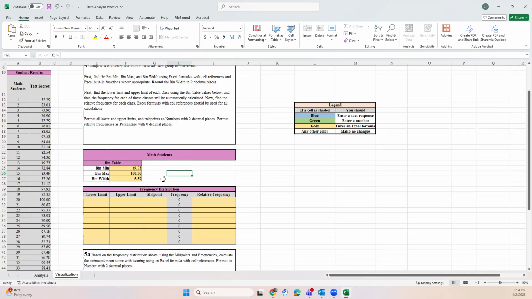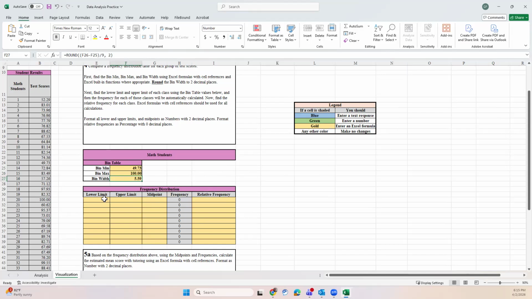In fact, it would keep that decimal plus another 45 decimal places. Way too much, but that could affect my midpoints, my upper limits, lower limits. It could look weird. So we used round, that fixes it. That is it at that point.